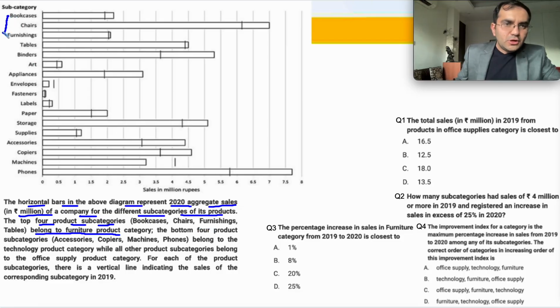These top four, one, two, three, four, these belong to furniture. Okay, so category we can say one is for furniture.